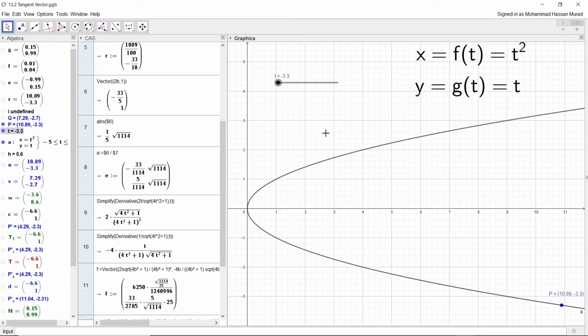Let's consider the following example. Here we have a two-dimensional vector function with the component functions f of t and g of t, where f of t is equal to t squared and g of t equals t.